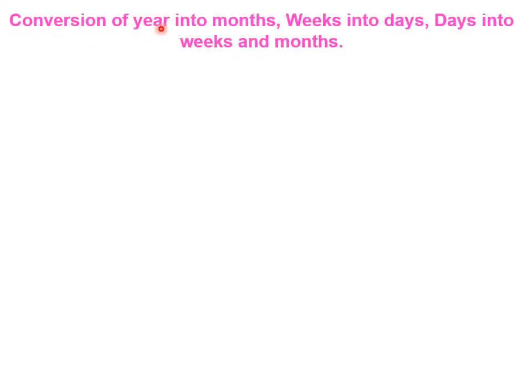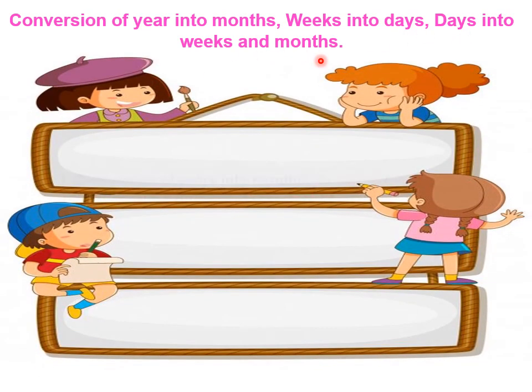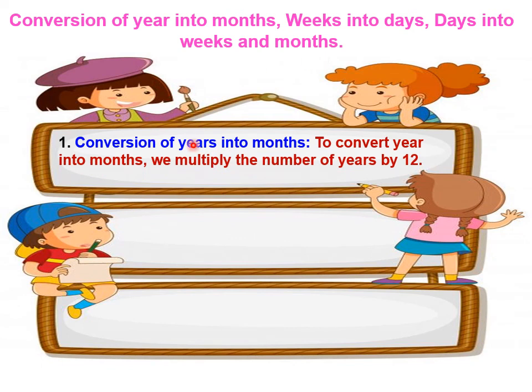Now, conversion of years into months, weeks into days, and days into weeks and months. First is conversion of years into months. To convert years into months, we multiply the number of years by 12.